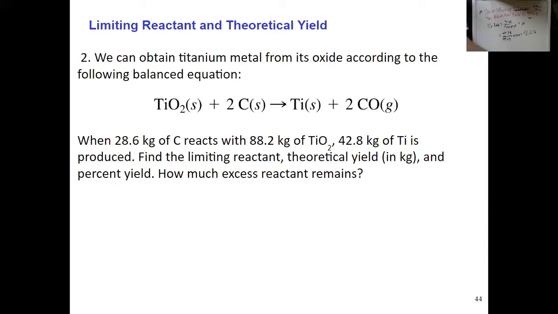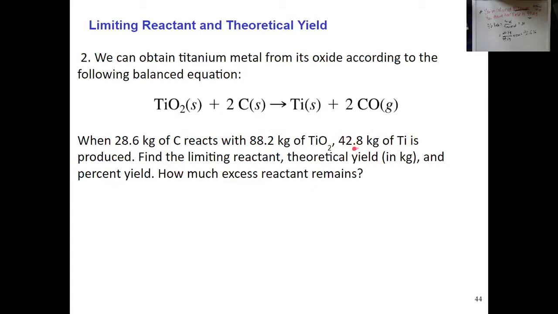Okay, so again, we have to look at the information that we're given. We're given 28.6 kilograms of carbon, so that is one of our reactants. It's reacting with 88.2 kilograms of TiO2. That's our other reactant. And 42.8 kilograms of titanium is produced. So that value is a product value.